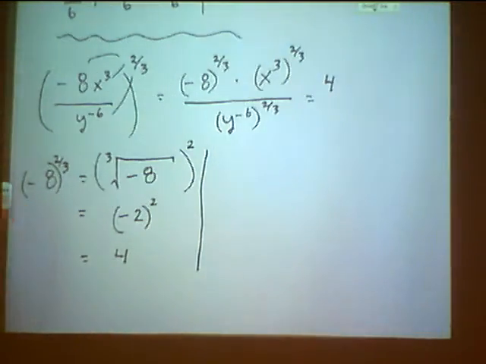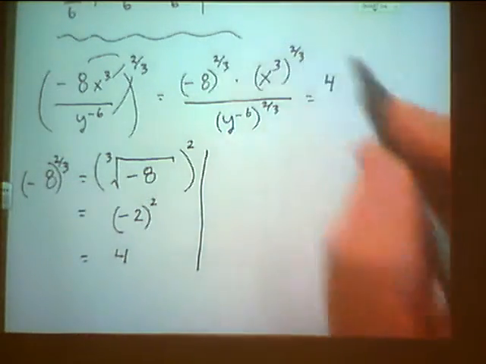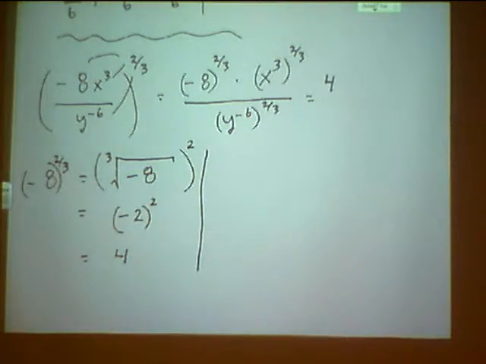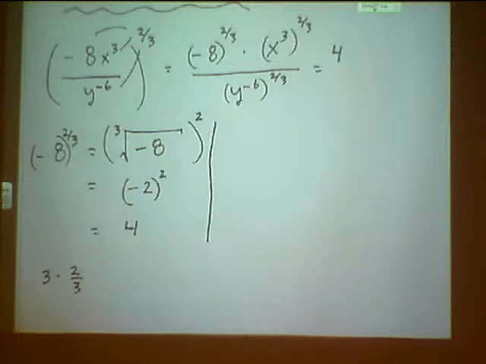Now if I look here, x cubed raised to the 2/3 power. If you remember, the power rule says you multiply these two exponents. And just in case some of you are a little rusty on doing math with fractions, there's really two ways. Students usually like to multiply a number times a fraction.